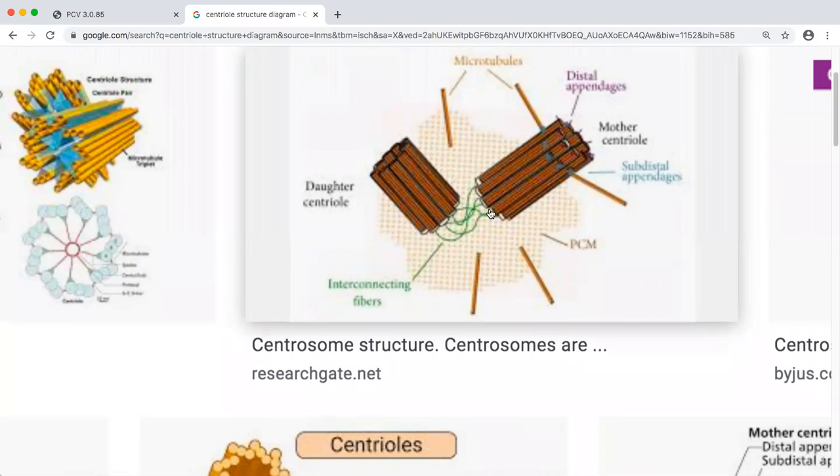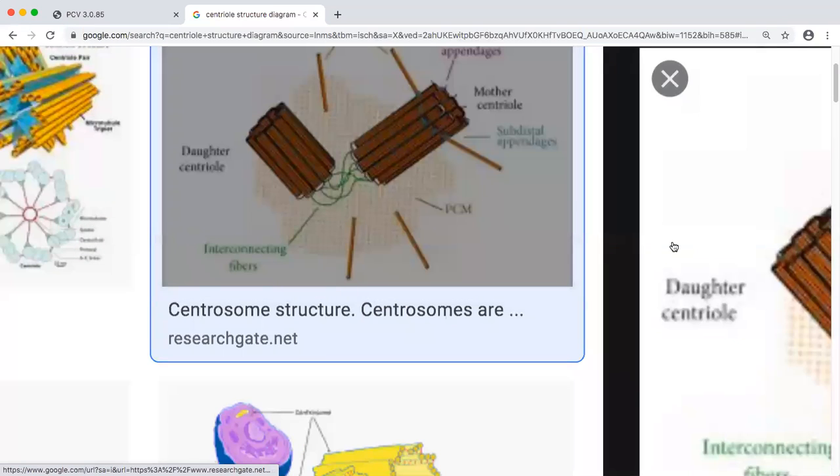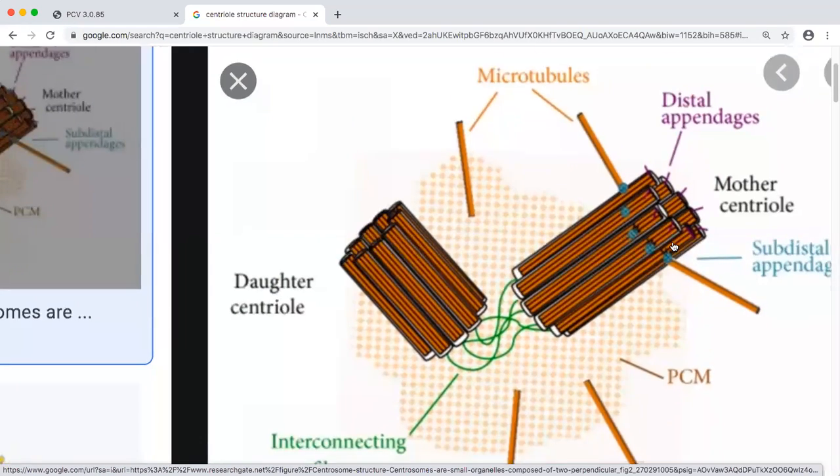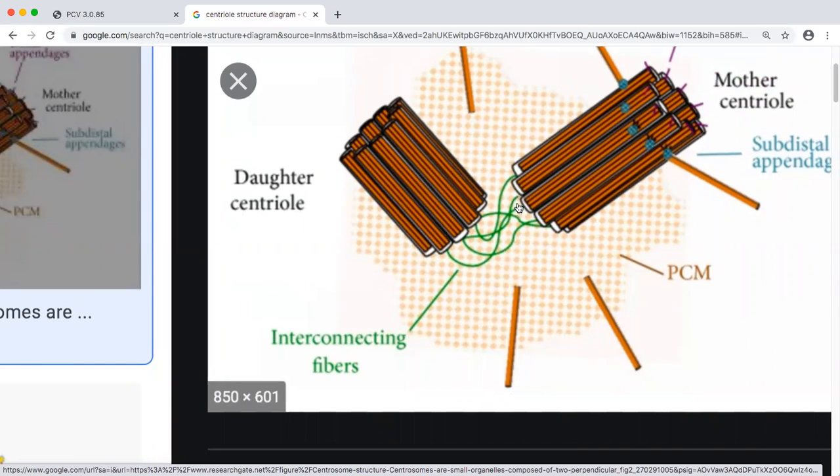In this diagram you are able to see the interconnecting fibers, that proteinaceous layer. If you see here, small interconnecting fibers will be held together. This is called the hub. The green line here is called the hub.